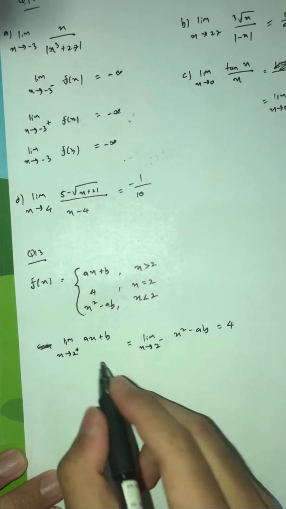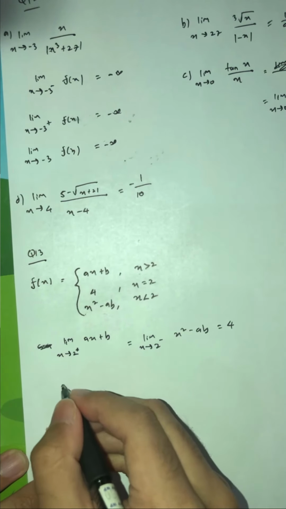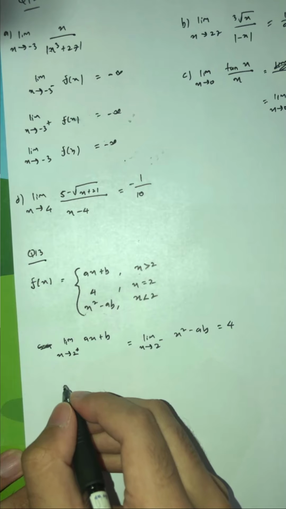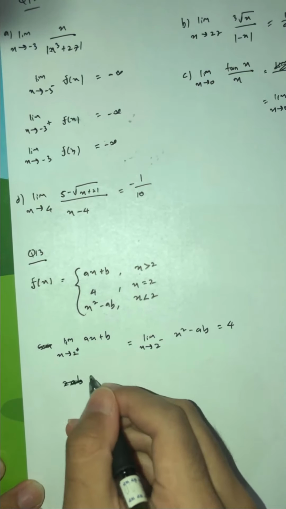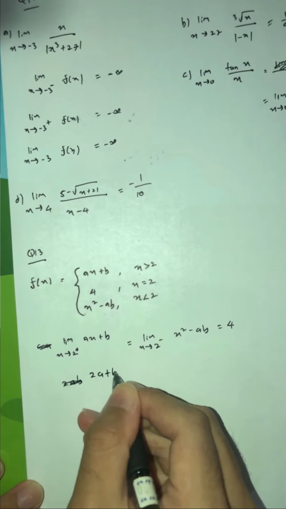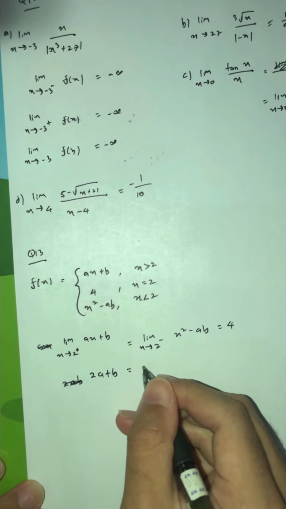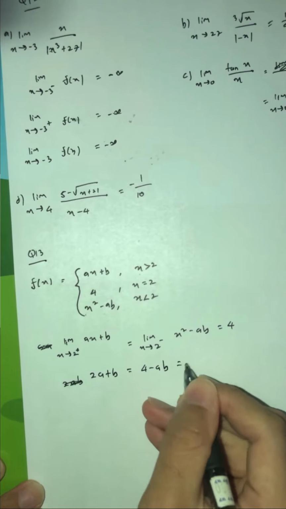We have learned this from the previous question. Basically you'll get 2a plus b equal to 4 minus ab equal to 4.